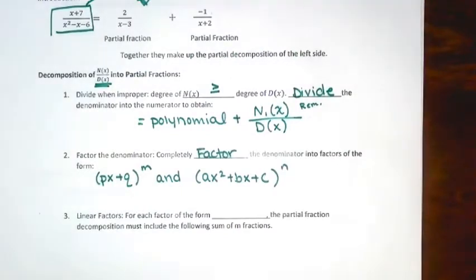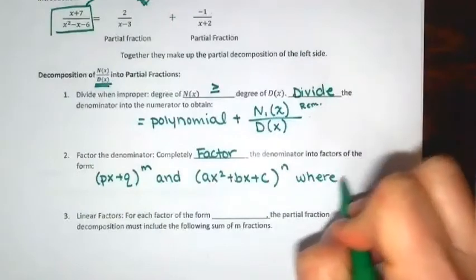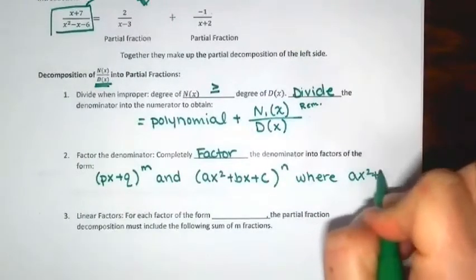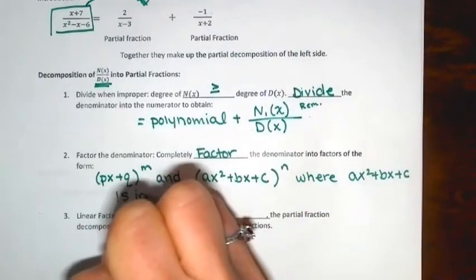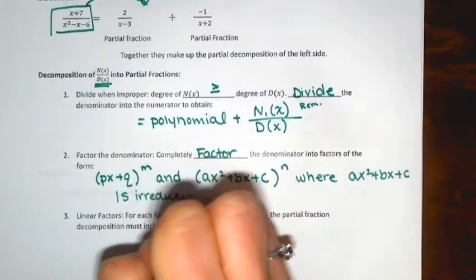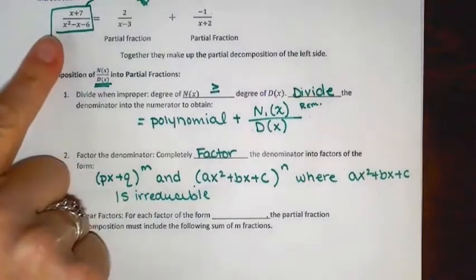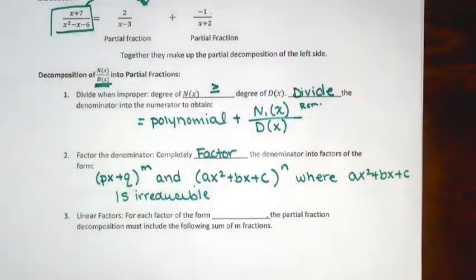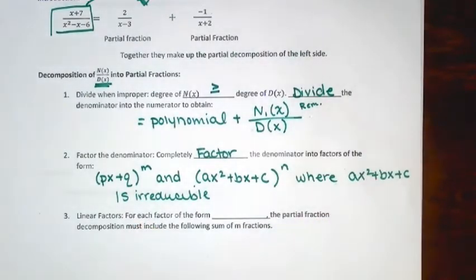So we're going to factor those, where ax squared plus bx plus c is reducible. Reducible, okay? So first thing, we always want to factor our denominators, so that we can find if we can break it into those partial parts.